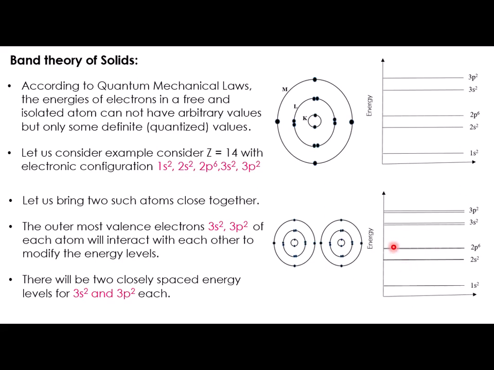The energy levels of the inner electrons like 1s2, 2s2, 2p6 also get modified slightly, but not appreciably. Only the modification of the energy levels of the outermost electrons is appreciable.